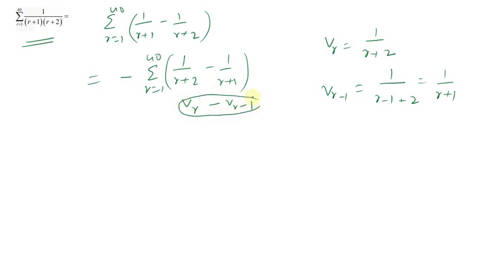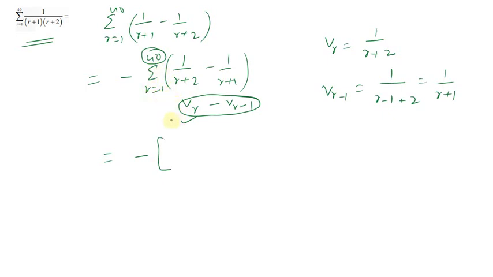Whenever you are finding the expressions Vr minus Vr minus 1 for sigma, I am giving you a simple technique. Substitute the upper limit in place of r in Vr, and substitute the lower limit of r in Vr minus 1. Look at this very carefully. No need to expand, I mean no need to execute this sigma.